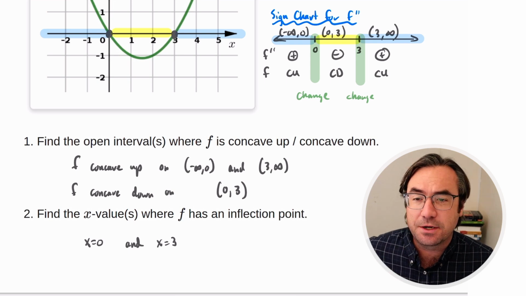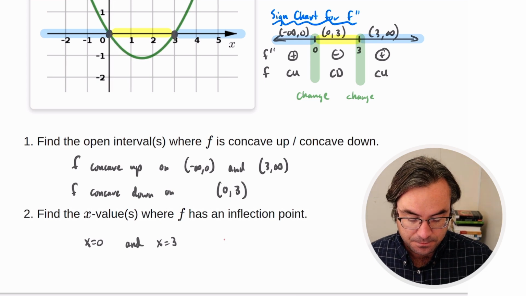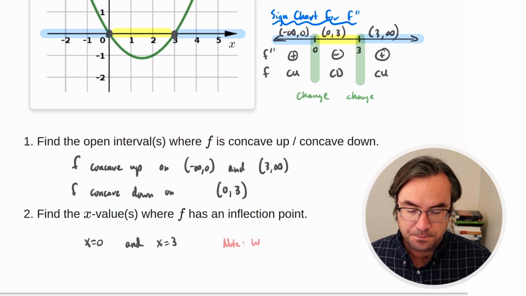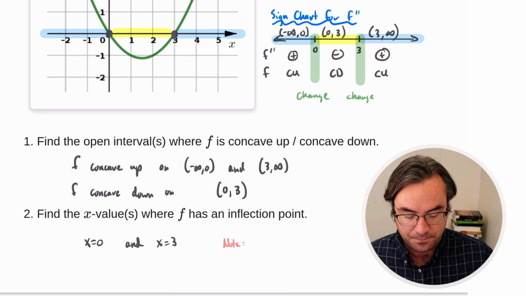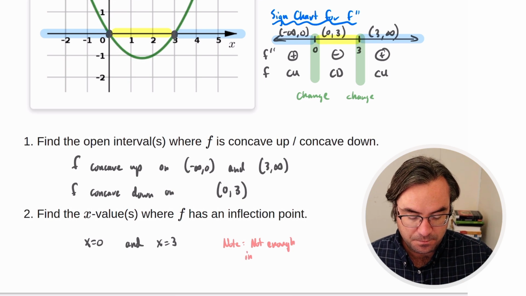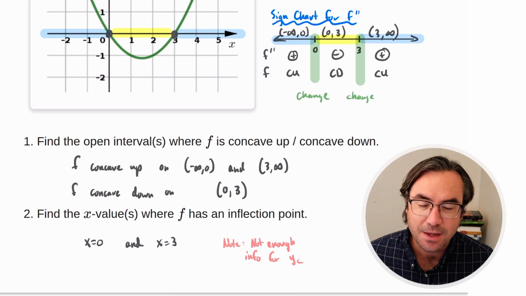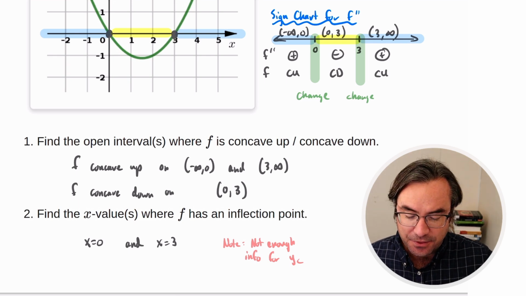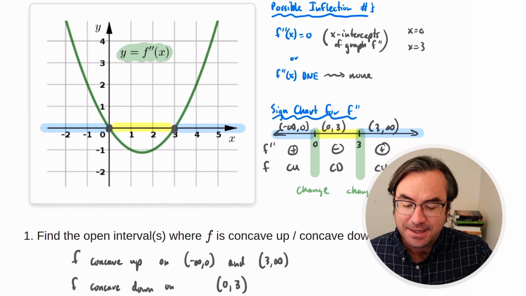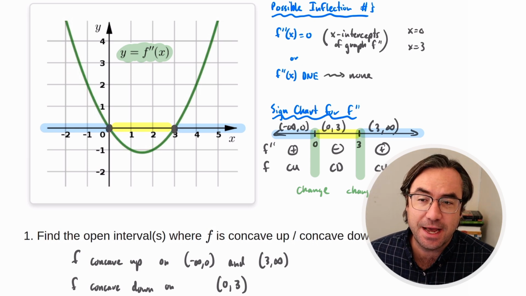And just a quick note, we don't have enough information for the y coordinates. And the reason is because the graph that we're looking at, this is the graph of f double prime, not the graph of the original function f.